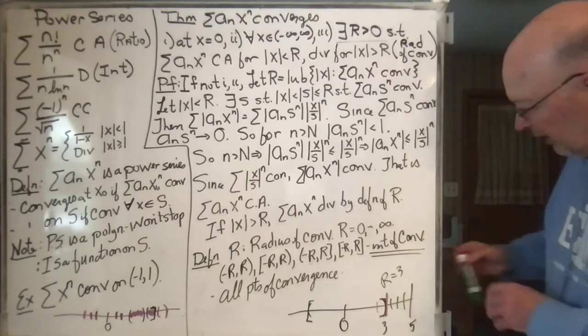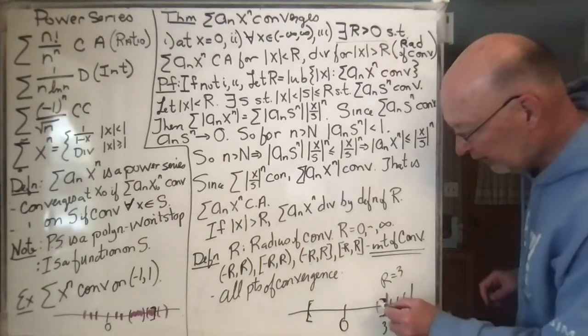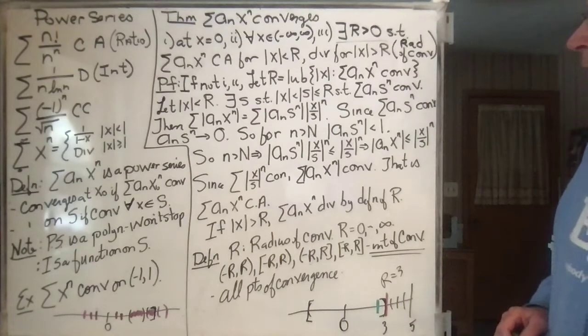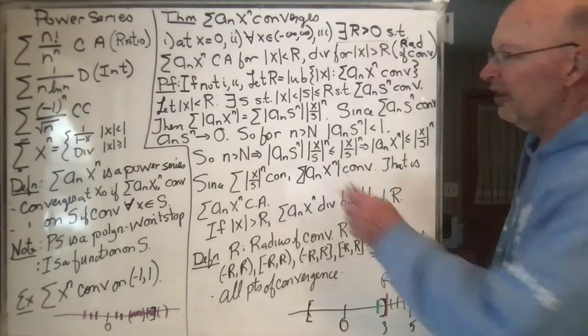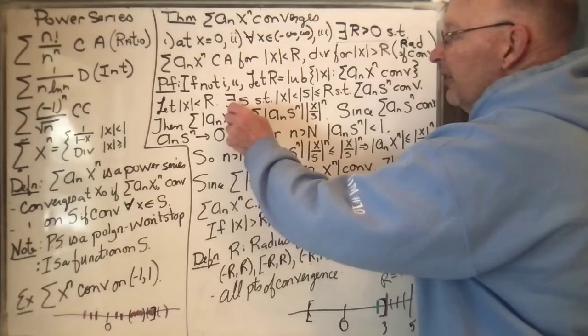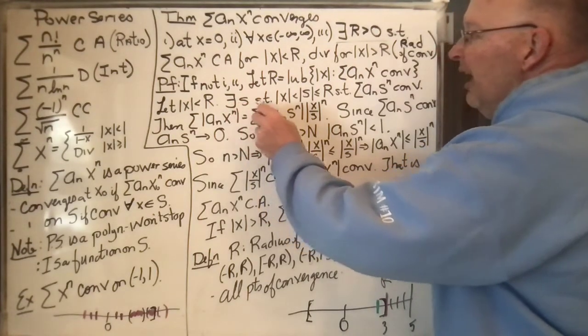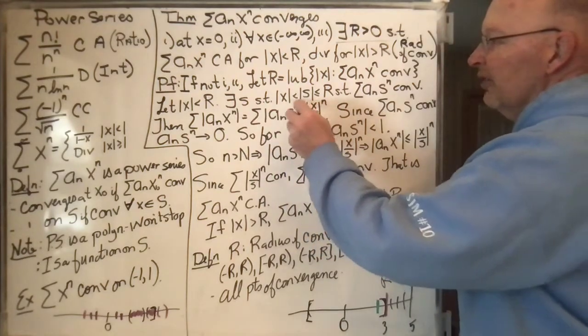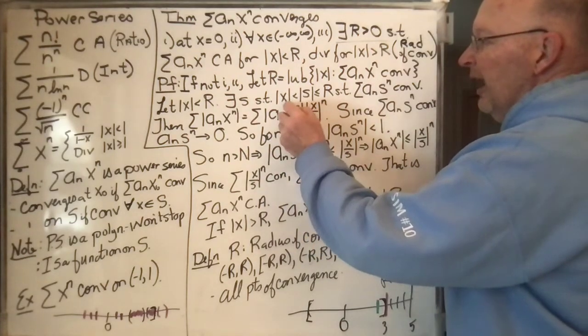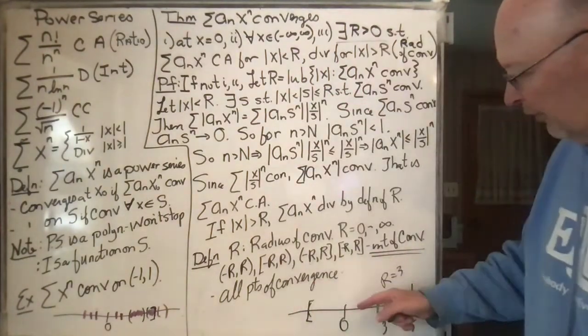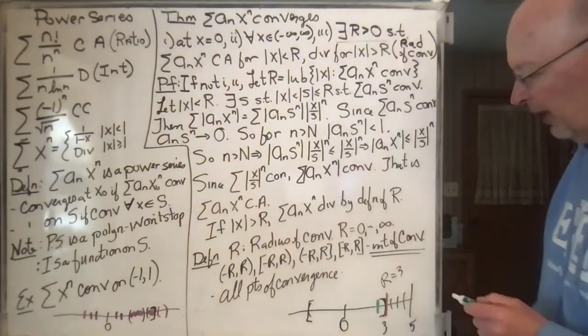which is less than R. So here's a value of x right there, which is less than R. And since it's less than R, there exists, that's the mathematical symbol for there exists, some s which is between x and R in size. And these could either be positive or negative. For the sake of simplicity, I'll just stay all positive here.